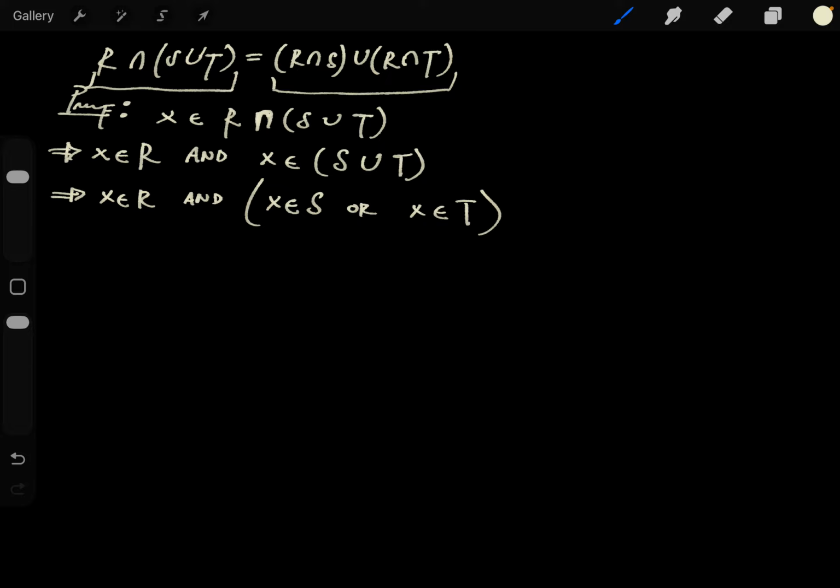So that means that this is going to split, right? X is for sure in R, and X could be in S. Okay, X is in S, right?